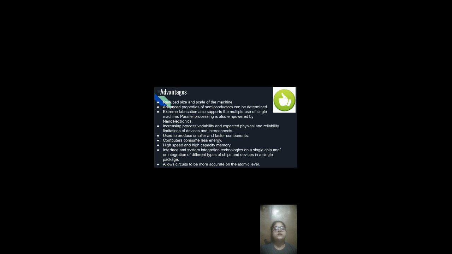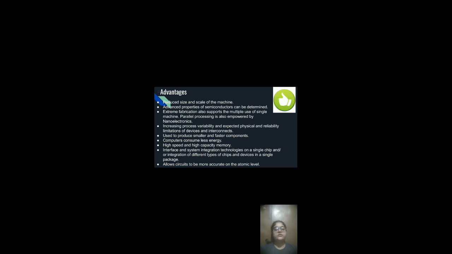Then fourth is increasing process variability and expected physical and reliability limitations of devices and interconnects. Then it is used to produce smaller and faster components. Computers consume less energy. Yes, it's a very important advantage. Then high speed and high capacity memory.